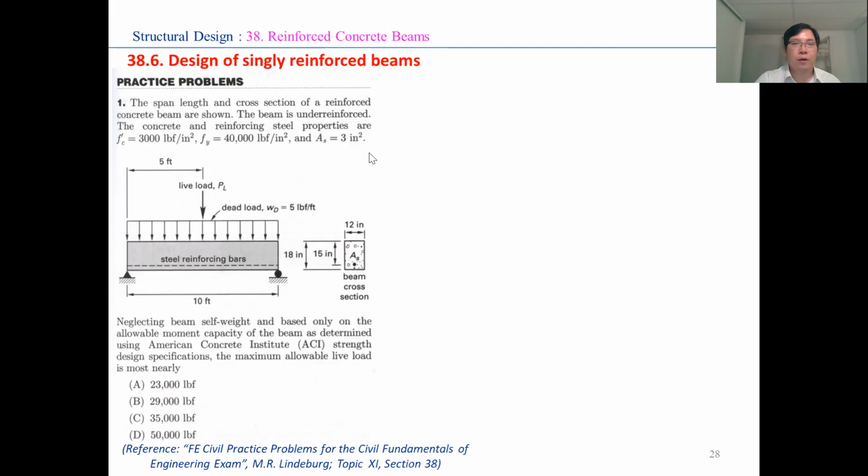You can see that the problem gives you the span length and the cross section of the reinforced concrete beam, and they give you different properties of concrete and reinforcing steel.